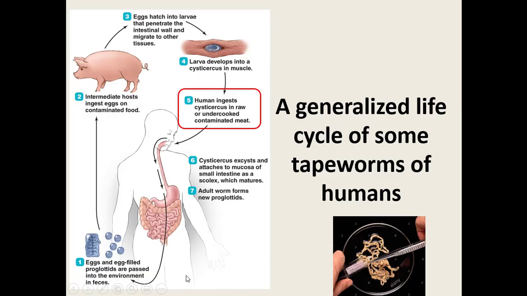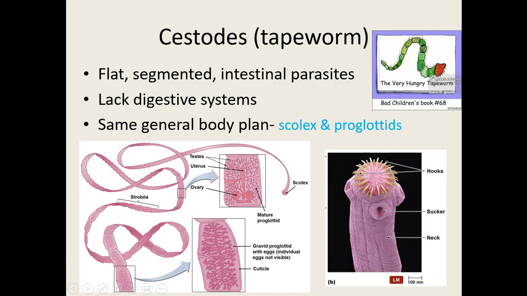Now, the generalized life cycle of a lot of tapeworms, again, some can vary amongst different tapeworms, is we're always going to start off with, we eat, most of them, undercooked meat. So we're going to eat undercooked meat. We're just going to start there. The tapeworm gets in our body. This big, huge, long thing is going to be in your intestinal tract. And each one of these segments has both male and female parts to it.